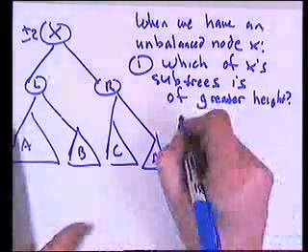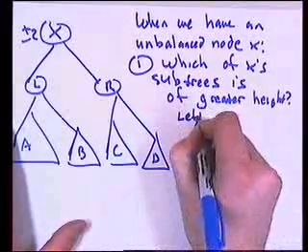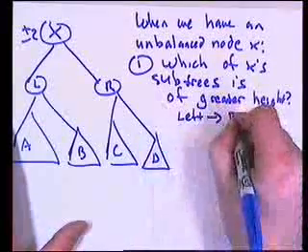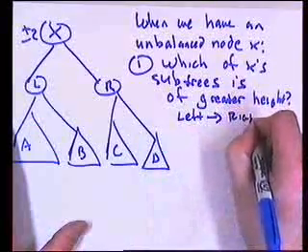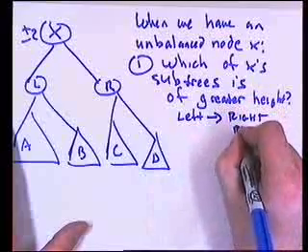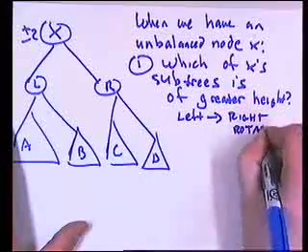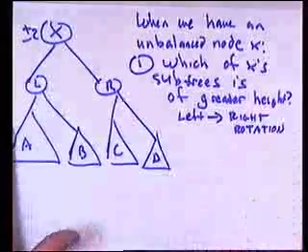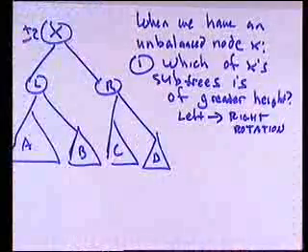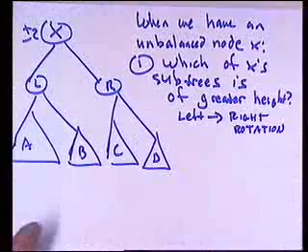And if the answer to that is left, then we're going to do a right rotation. Because if we have too many nodes on the left, we have to rotate to the right to move some of those nodes to the right.